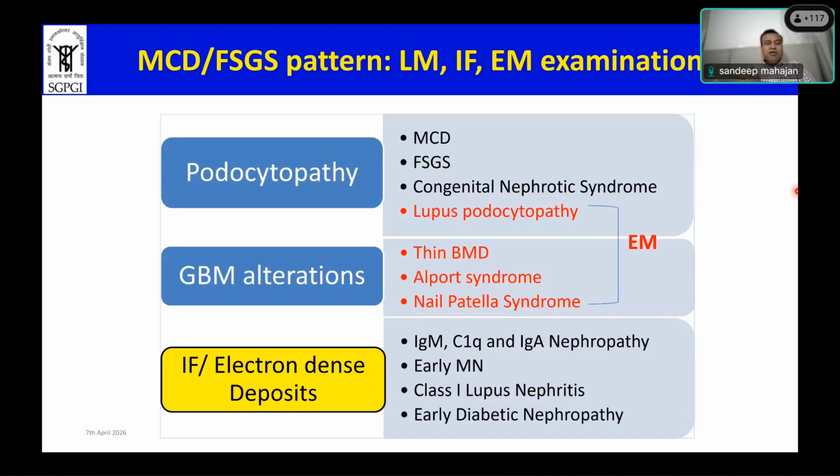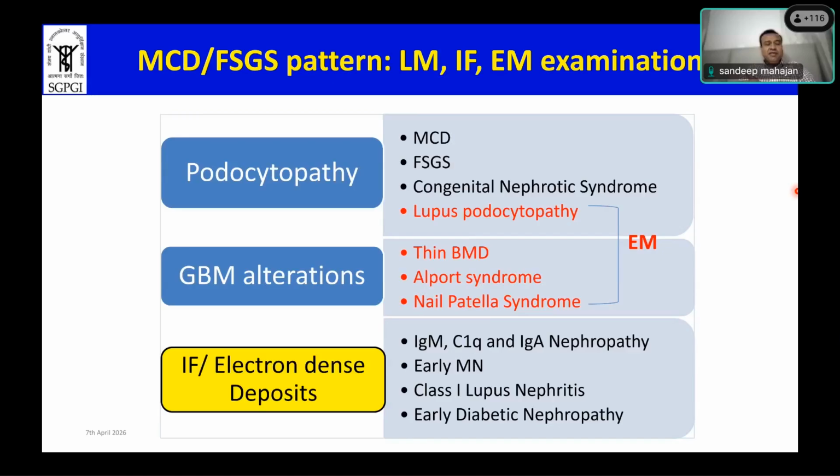But important to realize is that the moment you have a diagnosis of FSGS, the whole connotation clinically changes, because then these are the patients who are more resistant to treat, who have higher chances of relapses and subsequent progression to chronic kidney disease.